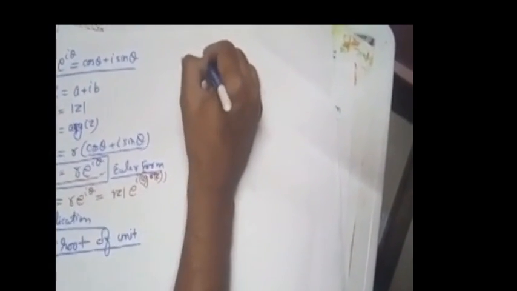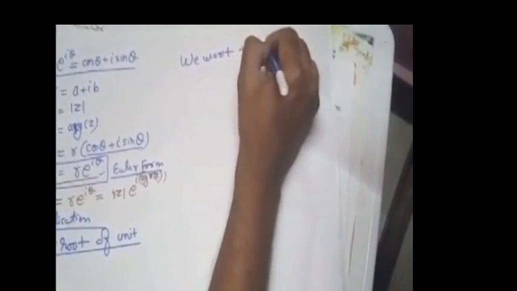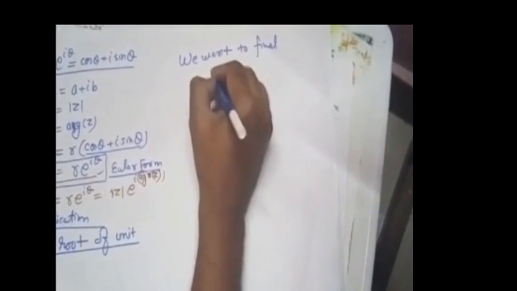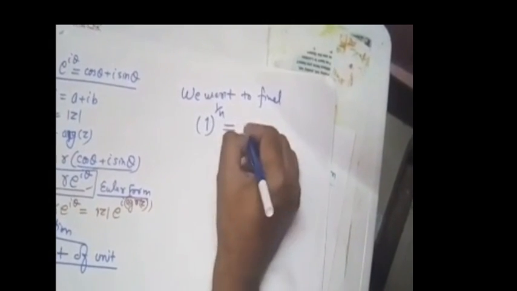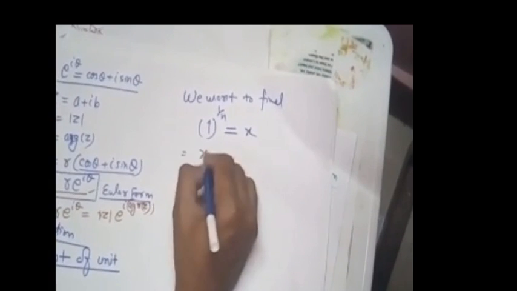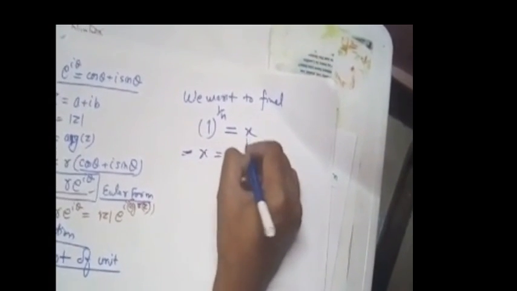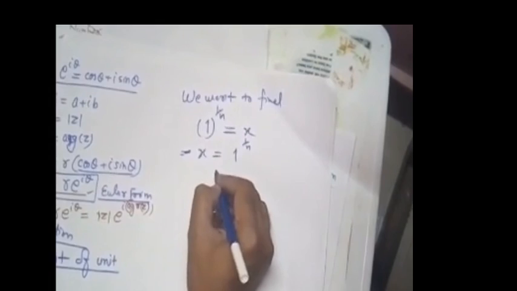For example, suppose we want to find 1 power 1 by n. Suppose this is equal to x. That means x is equal to 1 to the power 1 by n.